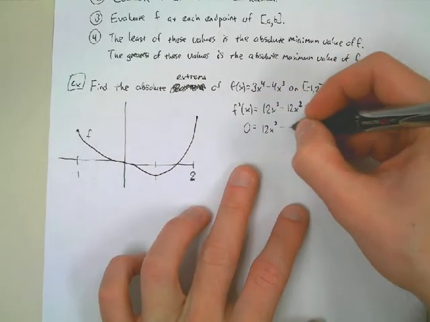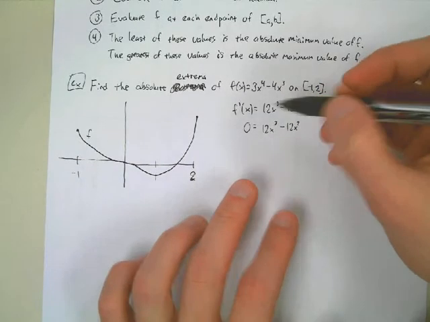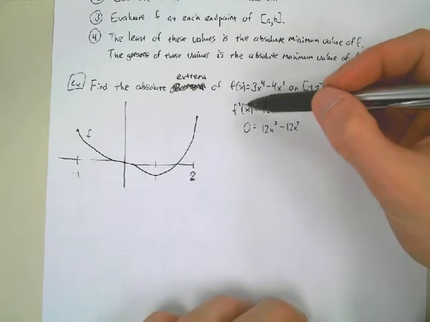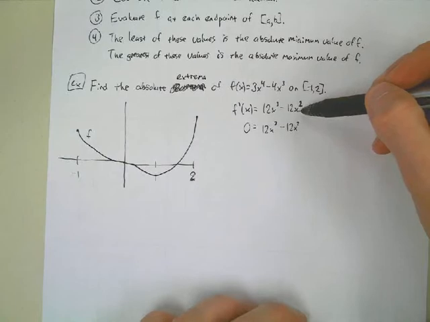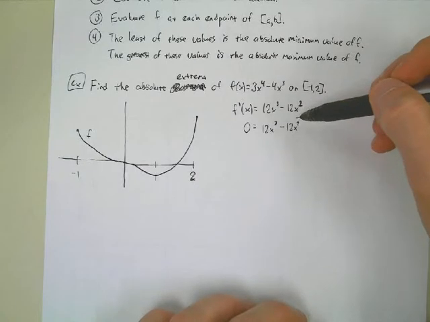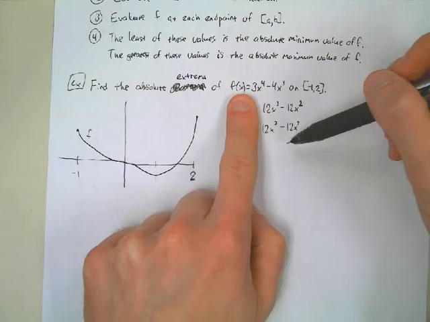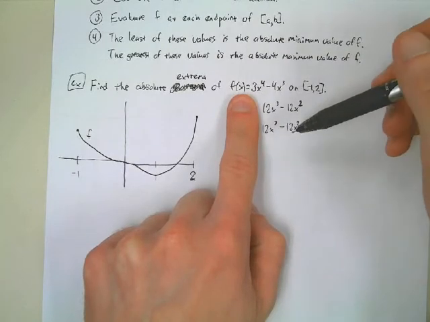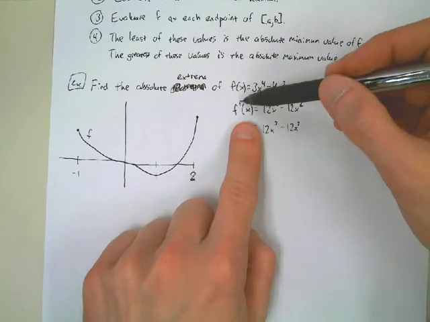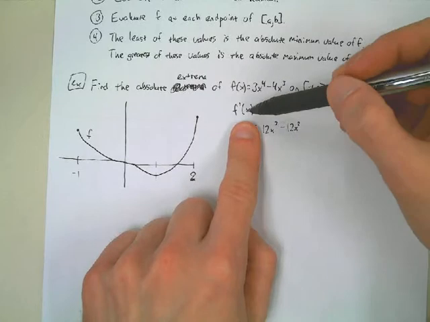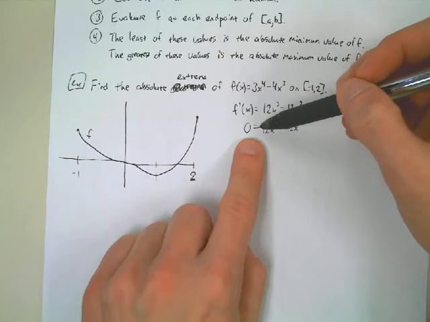And by the way, guys, writing f prime of x equals this is important. Just writing 12x cubed minus 12x squared and then maybe setting equal to 0 down here, that's not really good math. You need to be putting f prime of x equals 12x cubed minus 12x squared. Then you need to put 0 equals 12x cubed minus 12x squared. This is part of your explanation, okay?